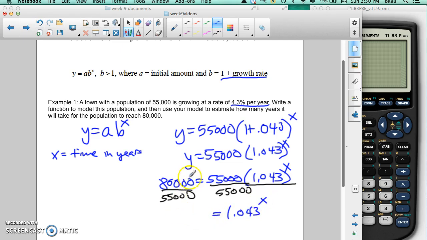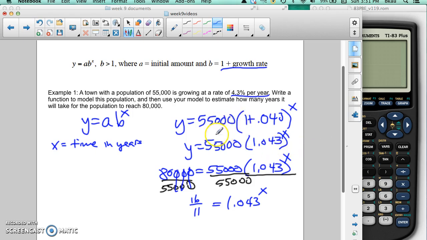Our left side is going to reduce to 80 over 55, and 5 goes into both of those. That would be 16 over 11. So 5 into both those reduces to that fraction.